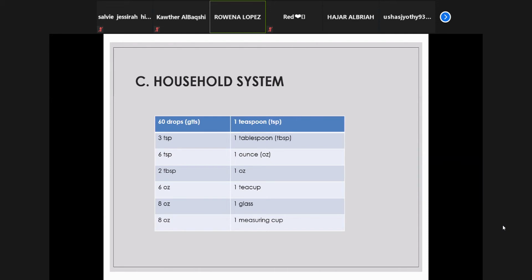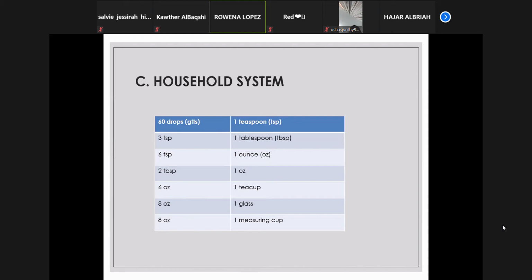So you need to make sure that you will not write in your intake 1 glass of laban or 1 cup of yogurt. It should be specified, because your intake and output should be calculated in ml, so that your calculation is according to the volume of fluid.